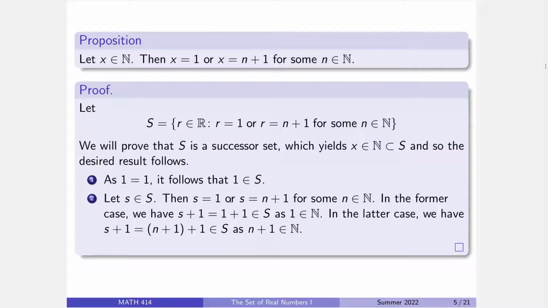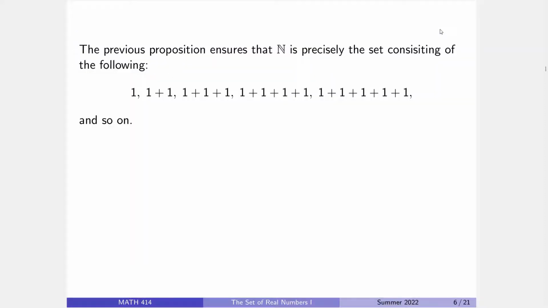Alright, and so there we go. Regardless, we find that s plus 1 belongs to our set S, so that means S is a successor set. And since X is a natural number, it must belong to that successor set, and thus X is either 1 or n plus 1.